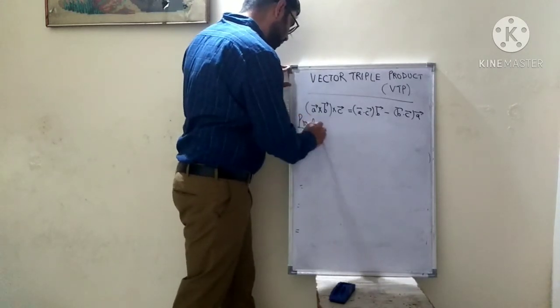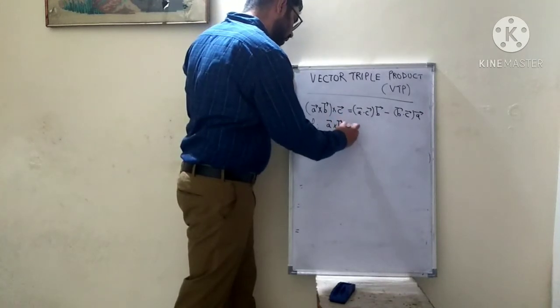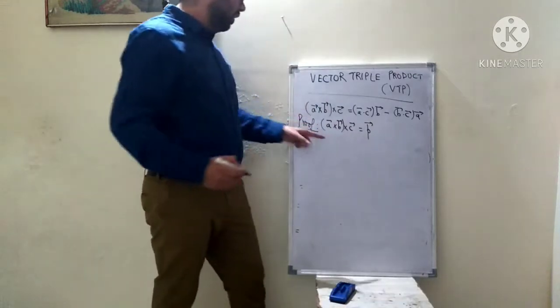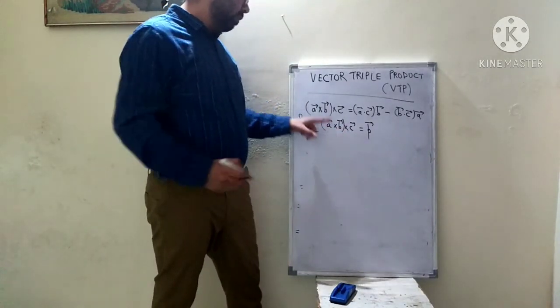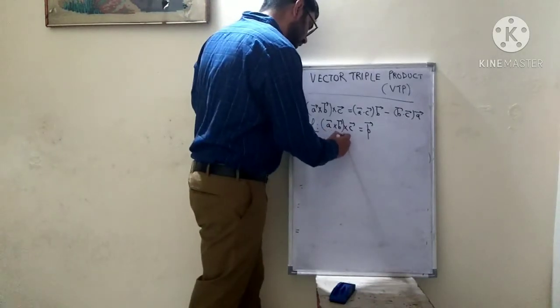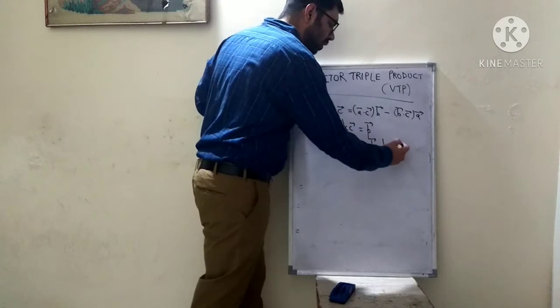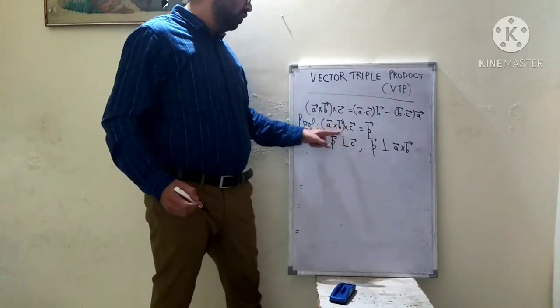So see, suppose we assume this vector A cross B cross C to be P vector. Now since P vector is a cross product of A cross B vector and C vector, therefore P vector is perpendicular to C vector, and P vector is also perpendicular to A cross B, right? Because it is a cross product of these two vectors.